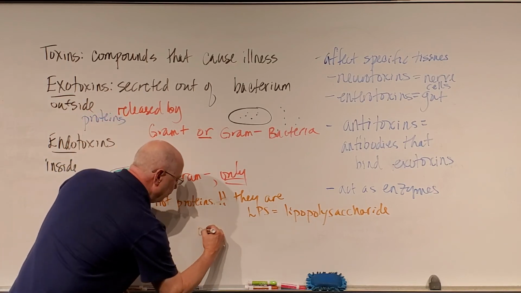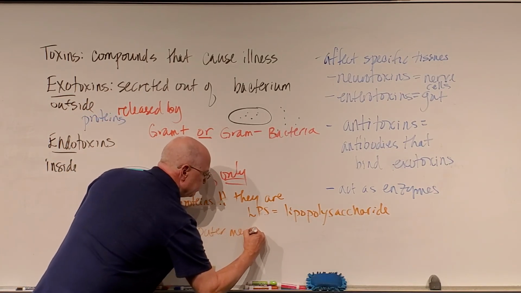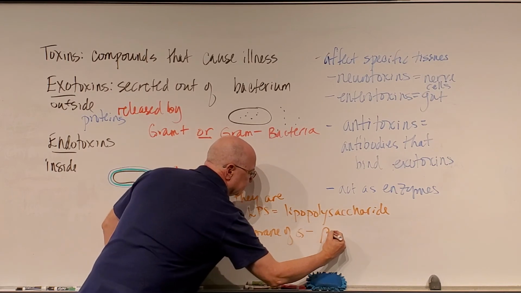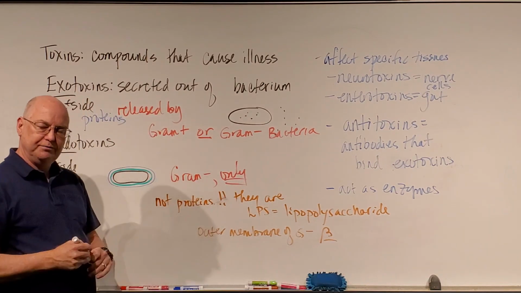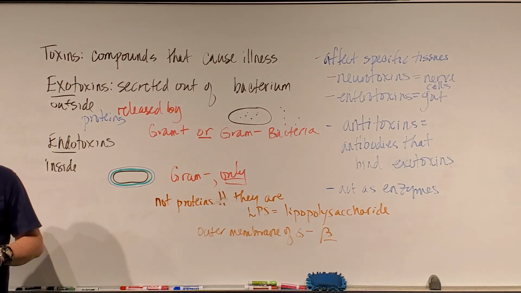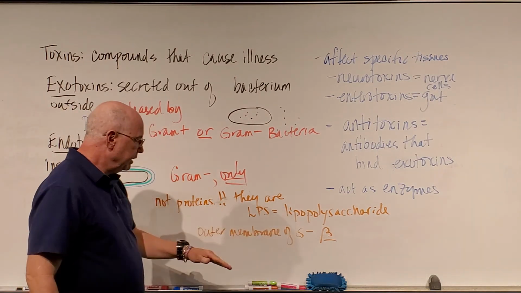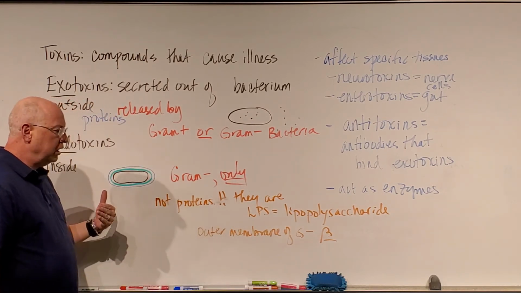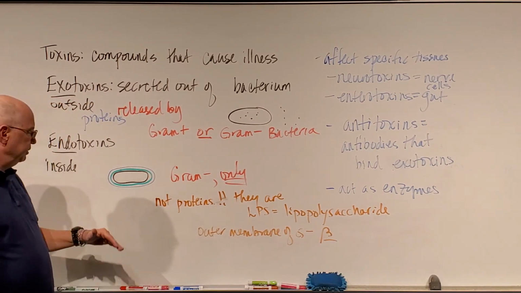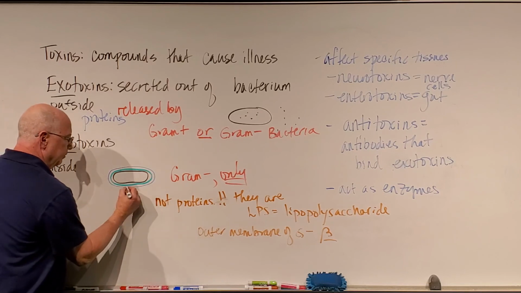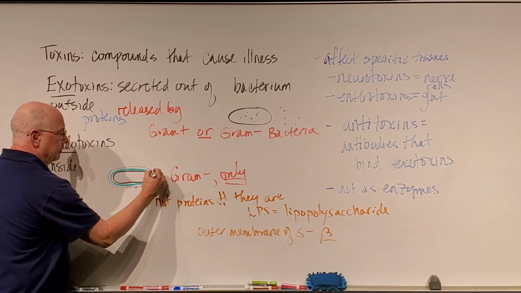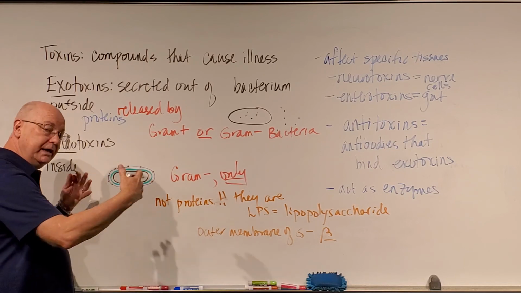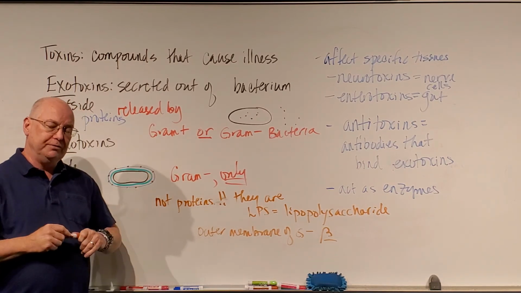Lipopolysaccharides are part of the outer membrane of gram-negative bacteria. This is my abbreviation for bacteria, the beta sign. So, gram-negative bacteria have a lipopolysaccharide outer membrane that can cause people to become ill, because within that outer membrane there are these lipopolysaccharides that, when released, will make a person extremely ill.